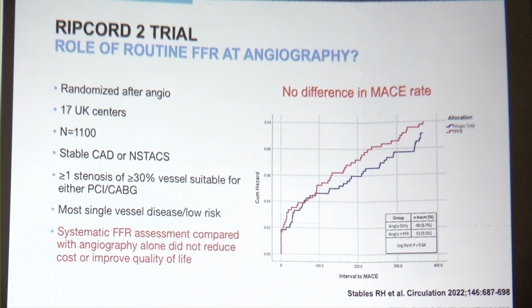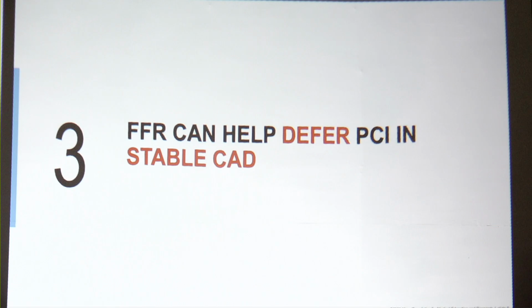The angiography arm was managed with standard of care, and there was no benefit in routinely measuring FFR at the time of angiography, not PCI. It's what we would have expected, but this trial has now told us for sure.